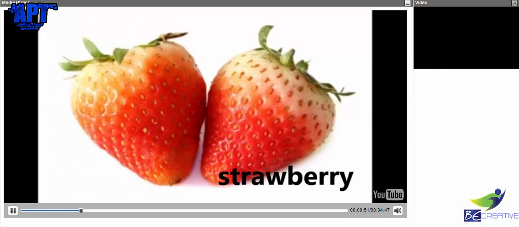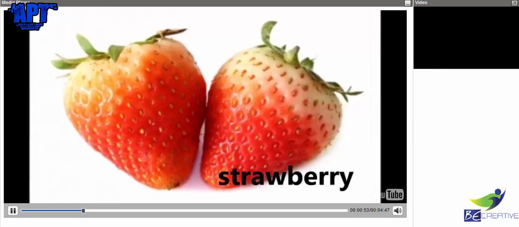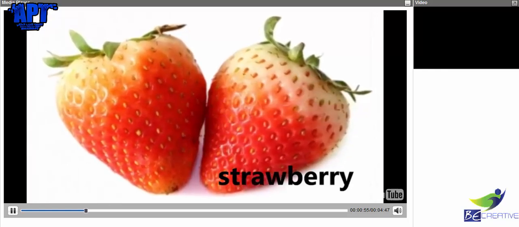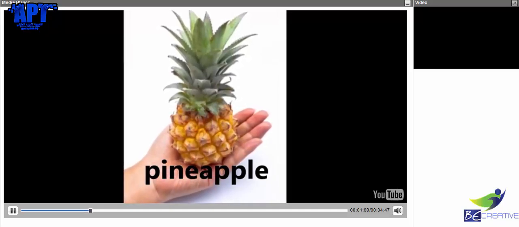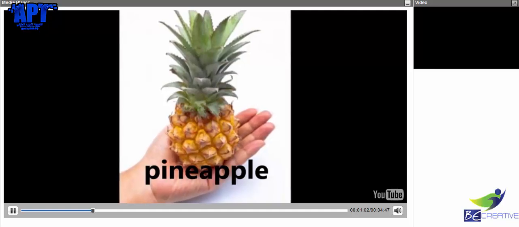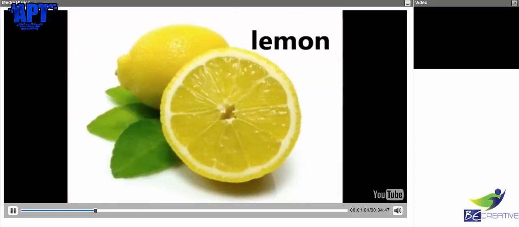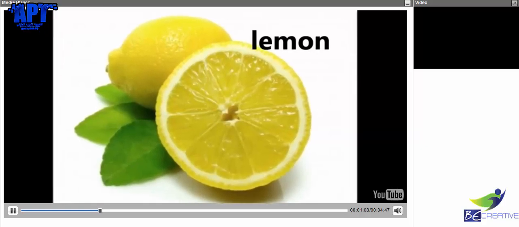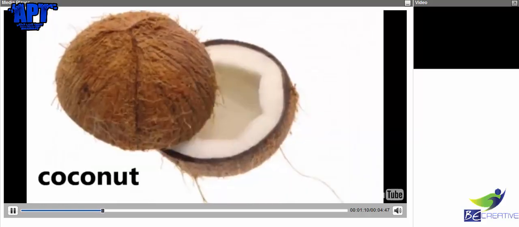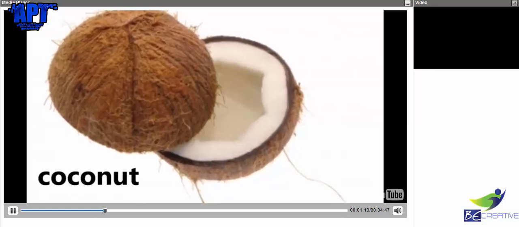Strawberry, strawberry. Pineapple, pineapple. Lemon, lemon. Coconut, coconut.